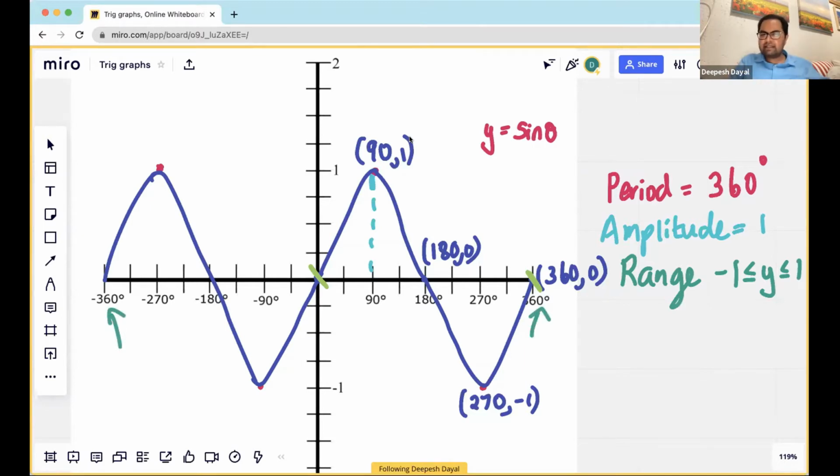But had I taken this graph and made it a bigger graph, it could have been larger values, right? Not all sine graphs are like this, because some sine graphs can be bigger. You can draw them with a much broader domain, but this particular one is between -360 and 360, right? Okay. So this is your sine graph, and we've got period and we've got amplitude, right?